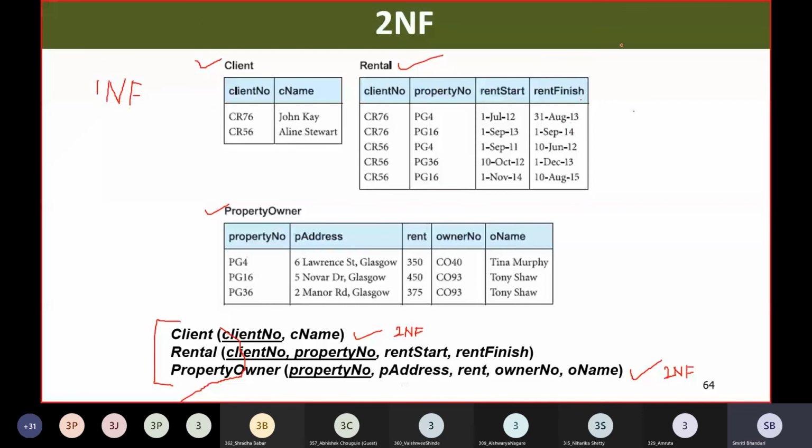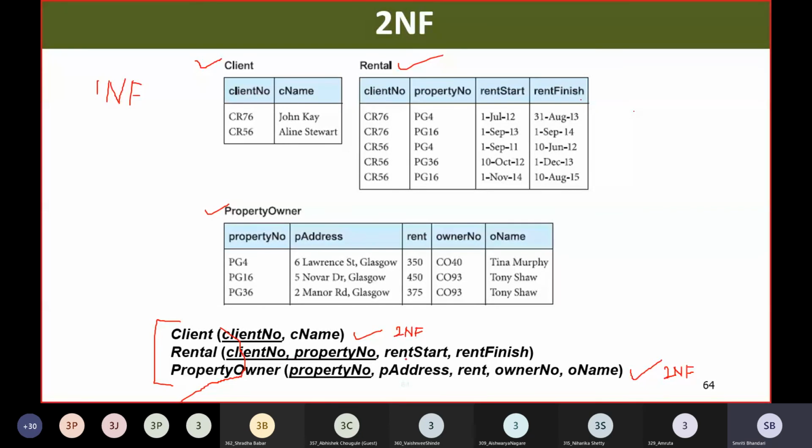Right? So what about the third relation in our decomposition, that is the rental relation? We need to check now whether this is in 2NF. The second condition says that every non-primary key attribute must be fully dependent on our primary key. So what is the primary key for this rental relation?